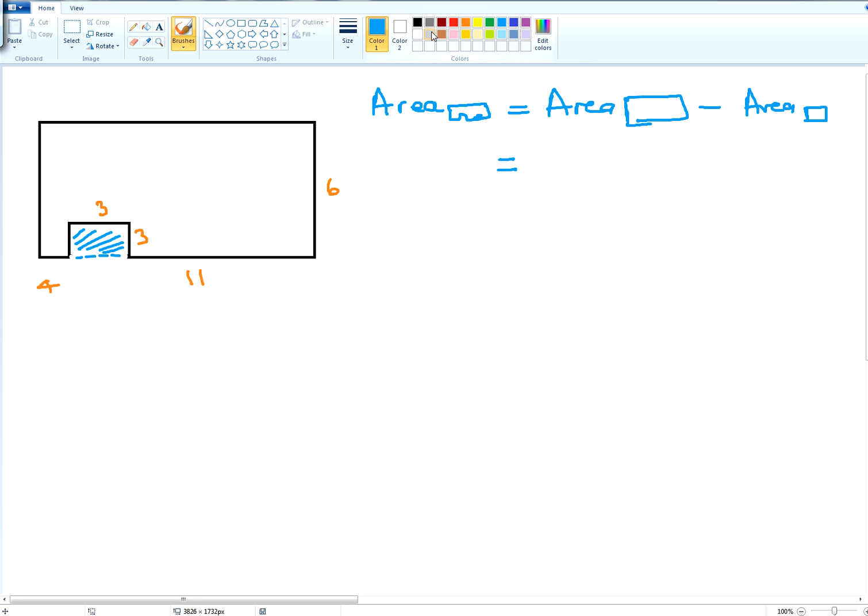Now, let's work out the area of the big shape. To work out the area of the big shape, we need to know what the length is here, because we already have the width. The width is here. So, does anybody know how we work out the length? We do 11, add 3, add 4. 11 add 3 add 4 is 18.